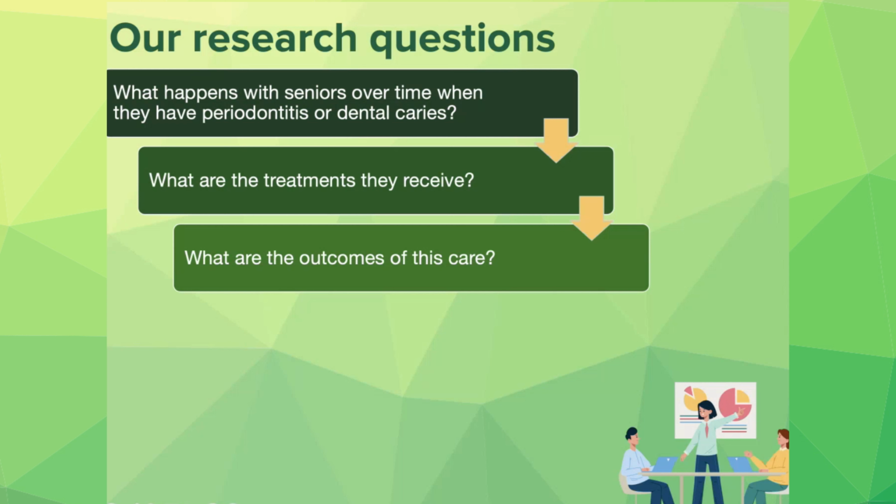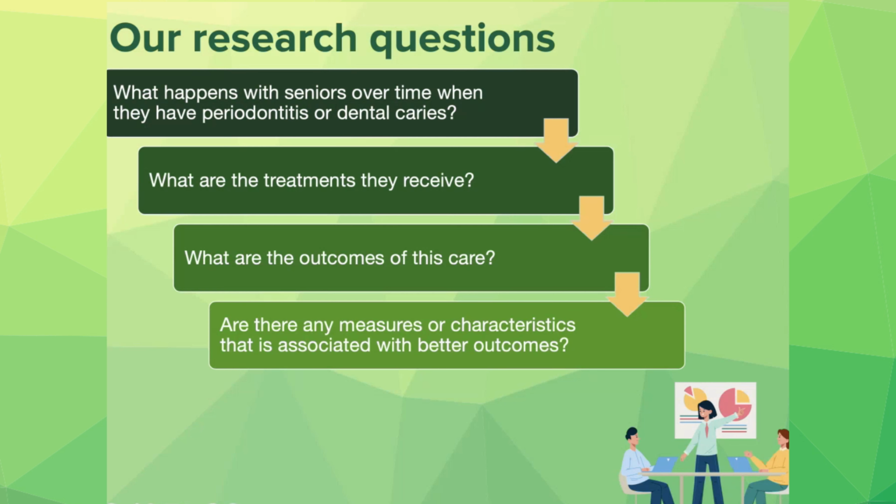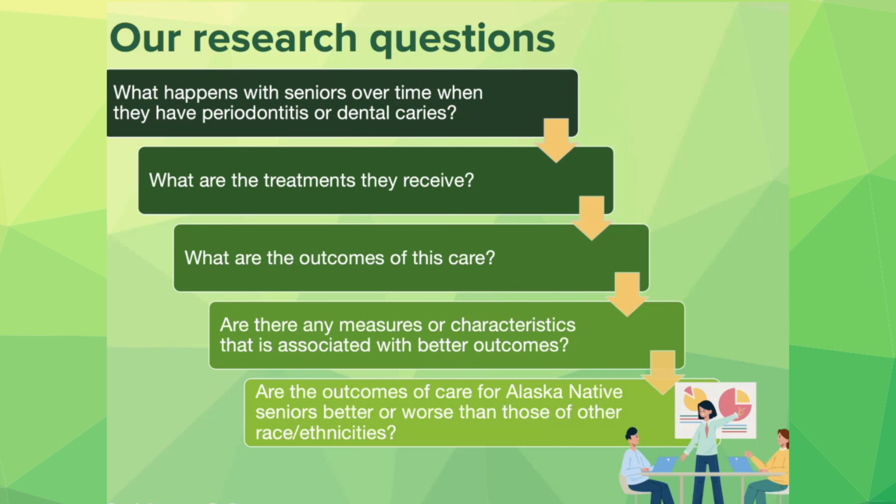Once they receive treatment, do they become stable periodontitis patients, or do they have rapid progression? Are there any measures or characteristics that we can use to predict which people will have a better outcome? And are the outcomes of care different for Alaska Native seniors? Is it better or worse than other race ethnicities?